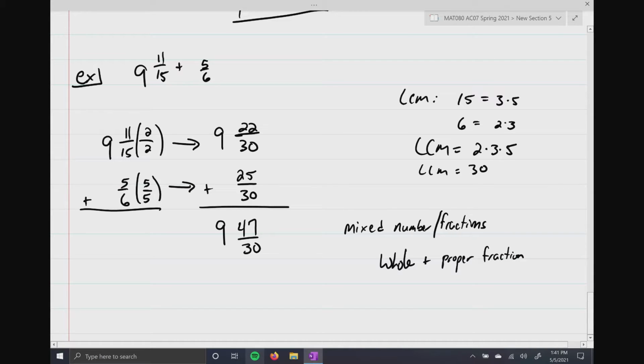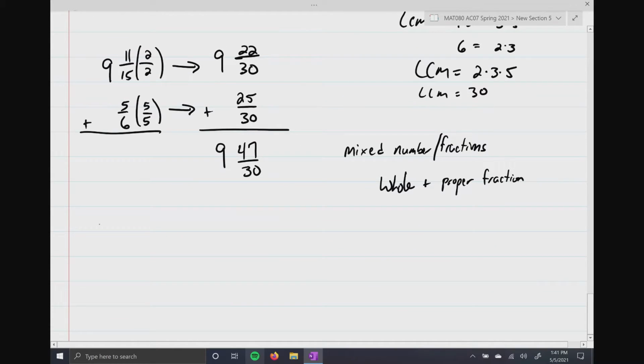So what I'm going to do is I'm going to separate that 47 over 30 into 9 plus 30 over 30 plus 17 over 30. Does that make sense, everybody, what I just did?